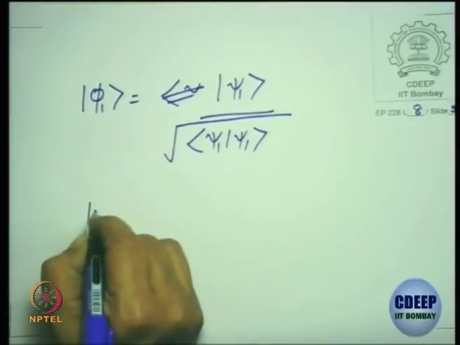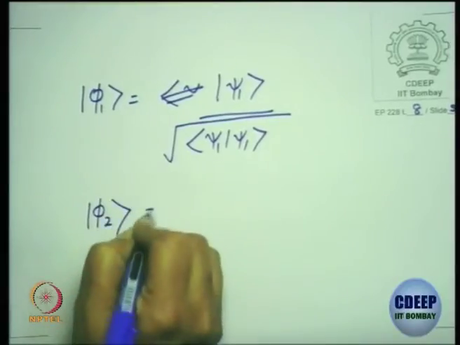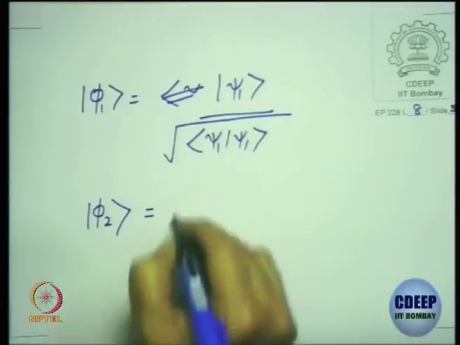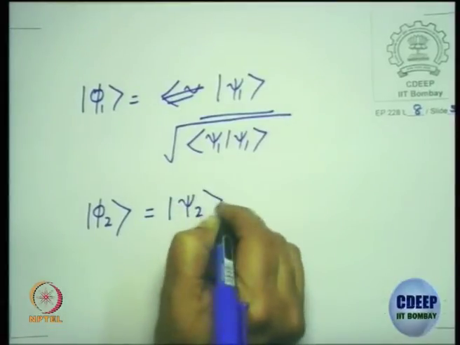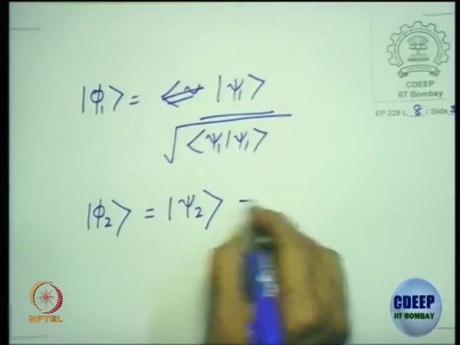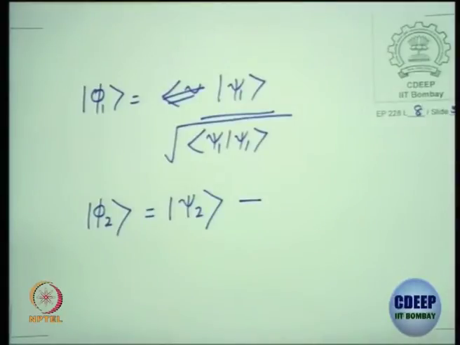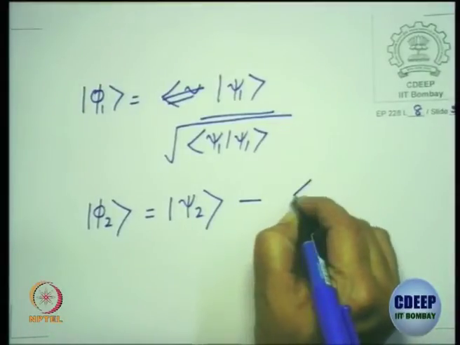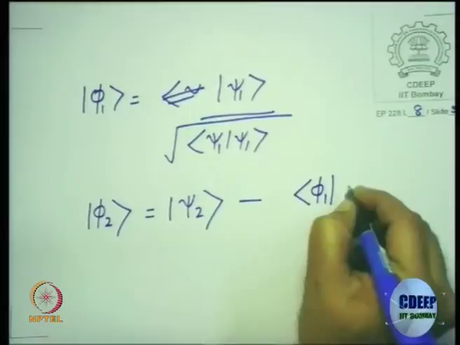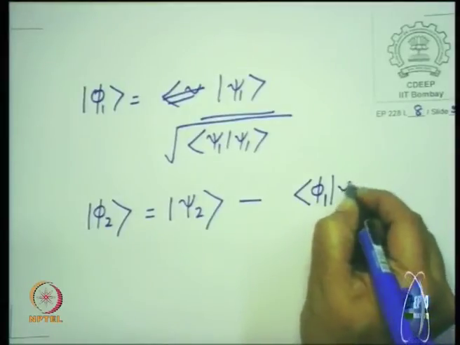How do I find phi 2? Phi 2 will be the second non-orthogonal vector, but subtract the component along phi 1. So, that is what you will do. So, typically you do, this is what will give you the component along phi 1.